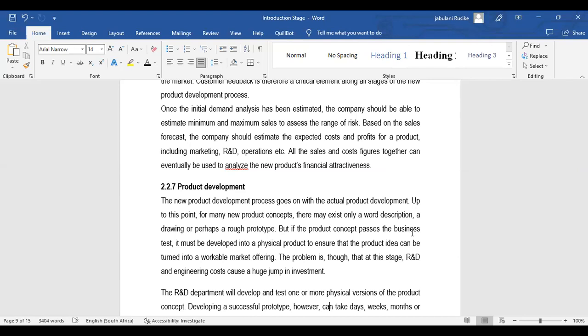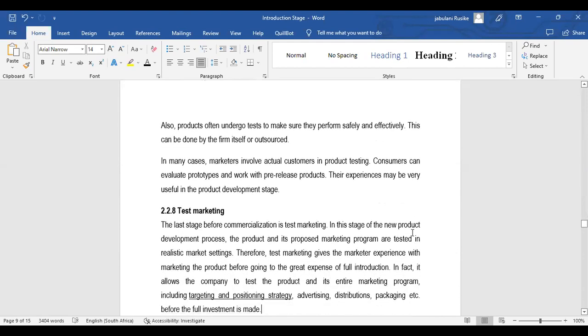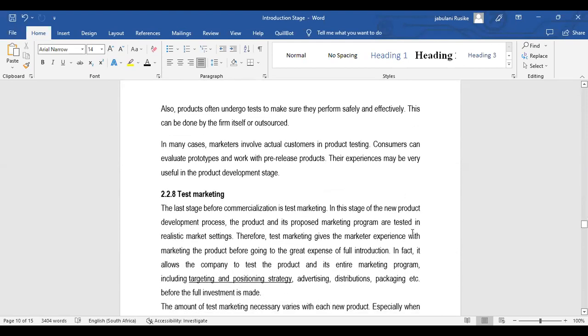And then once the product has been developed, has been produced, there is another stage of test marketing, which I think I reiterated last time, that you must not confuse with product concept testing. This time you are testing again, but it's no longer the draft version. It's now the final product.